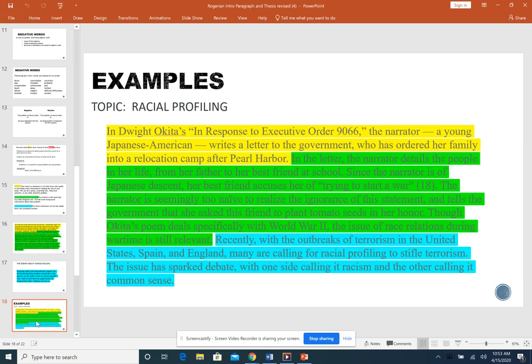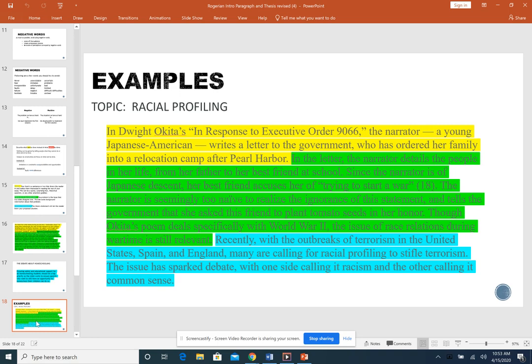Then in the teal blue color: recently, with the outbreaks of terrorism in the United States, Spain, and England, many are calling for racial profiling to stifle terrorism. The issue has sparked debate, with one side calling it racism and the other calling it common sense.